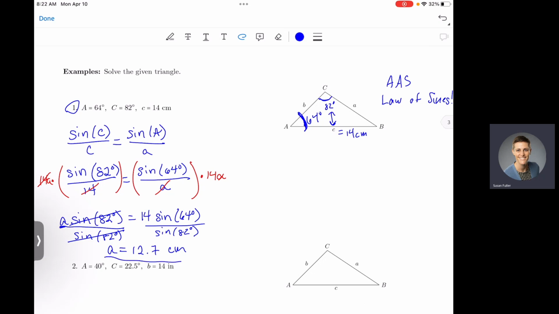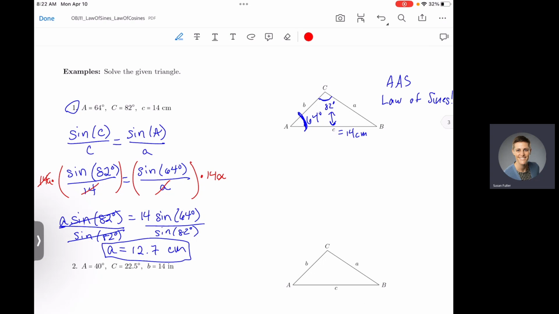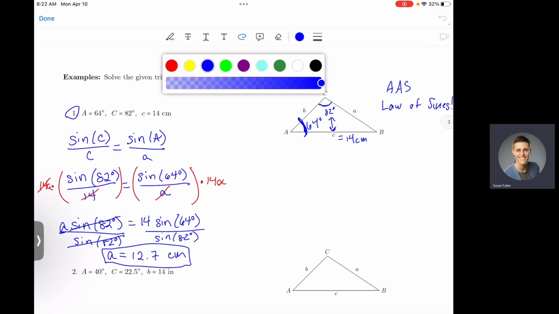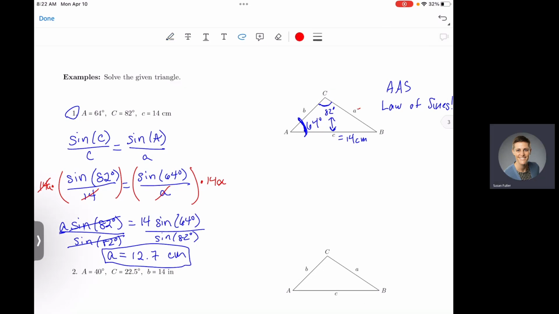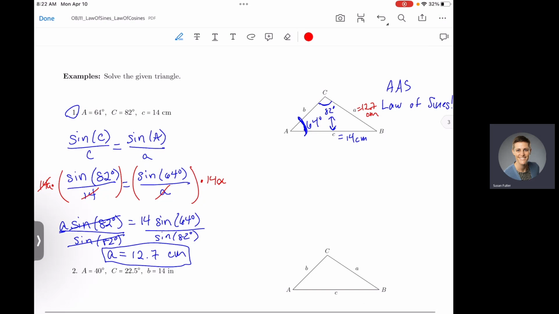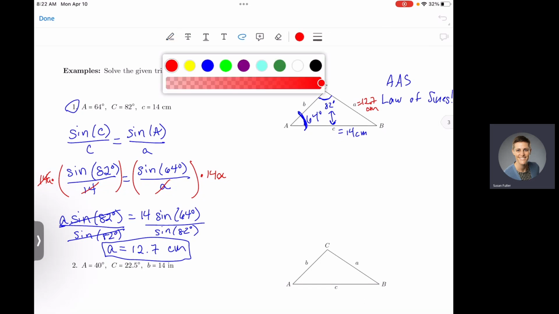So I now have side A, but I am not done solving this triangle. I need to find all of the missing information. So now I have A equals 12.7 centimeters. I still need to find angle B and side B. So how do I start going about either one of those?